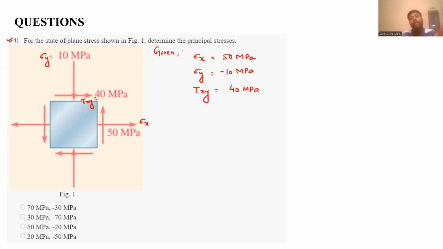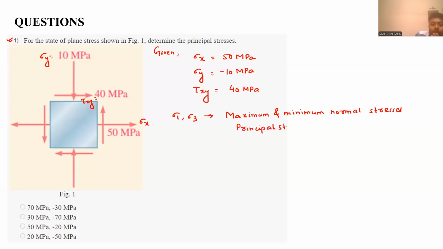That means they want us to determine sigma 1 as well as sigma 3, which are nothing but maximum and minimum normal stresses respectively, or they are combinedly called principal stress.